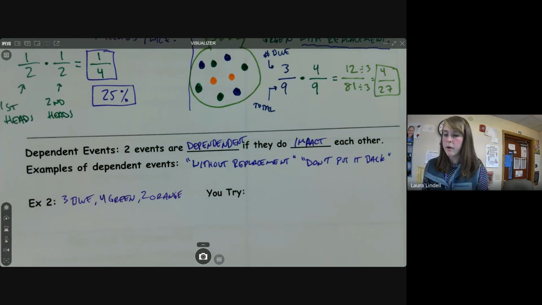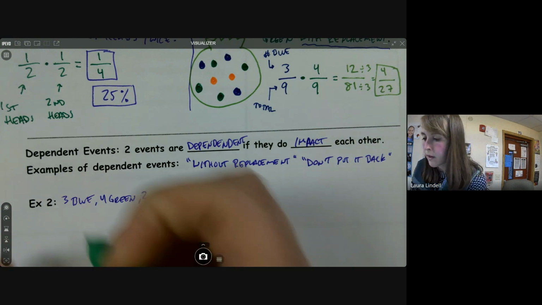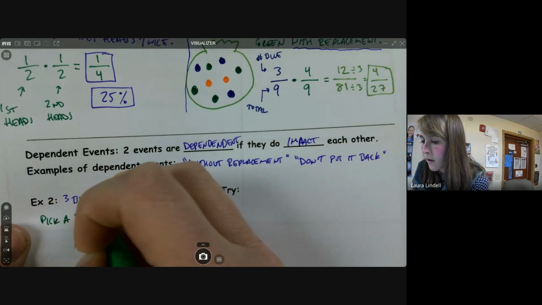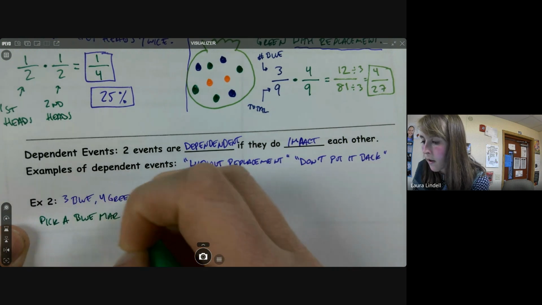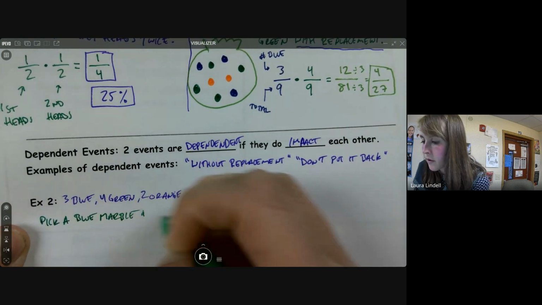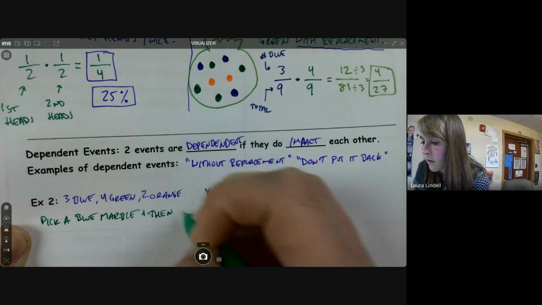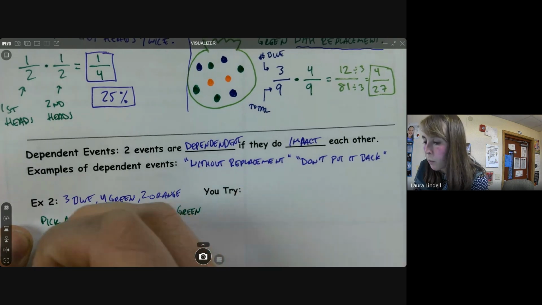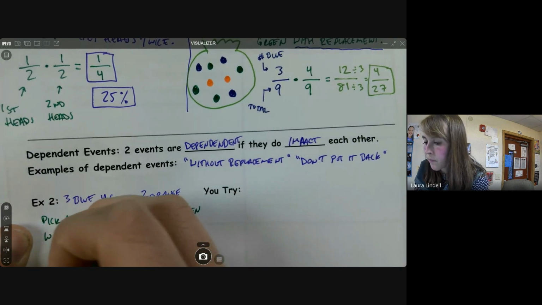This time we want to know the probability that we pick a blue marble and then green. So just like last time, but this time it's without replacement.